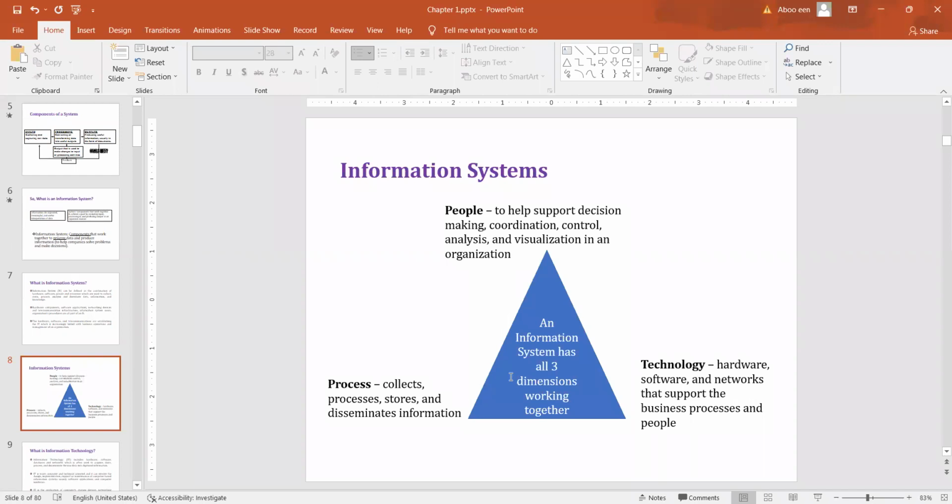People refers to the staff involved in the decision making, coordination, control, analysis, and visualization of the data. Process involves the collection, storage, processing, and dissemination of information. So all three components are treated as an information system.